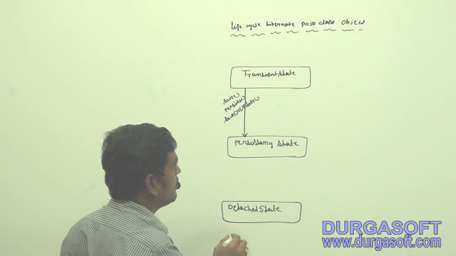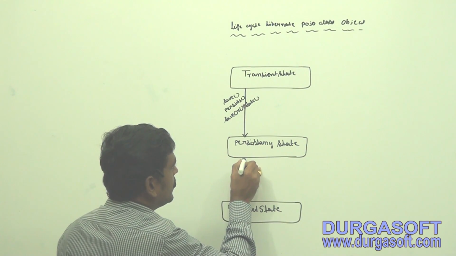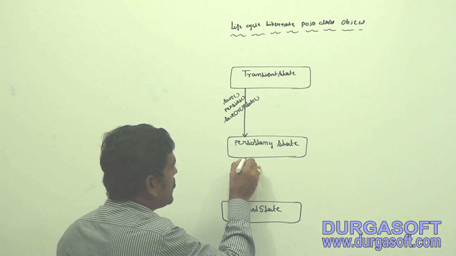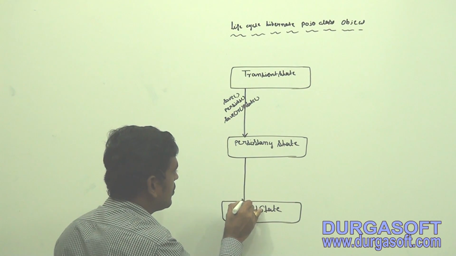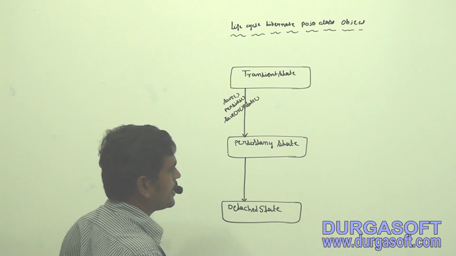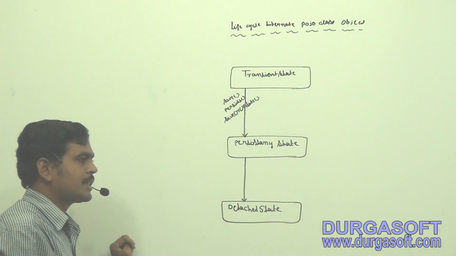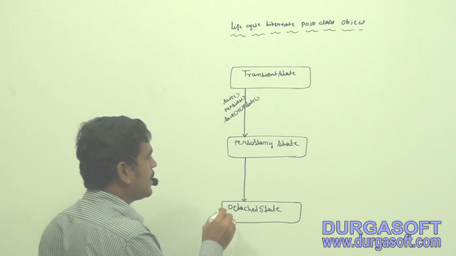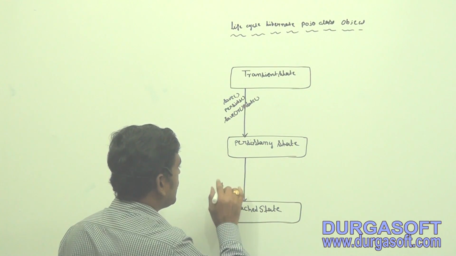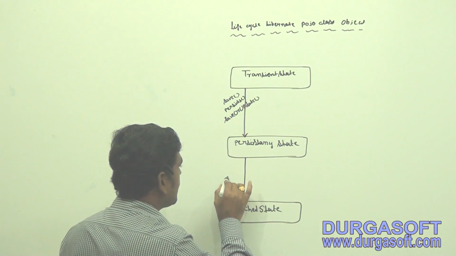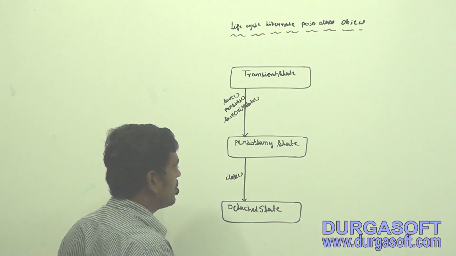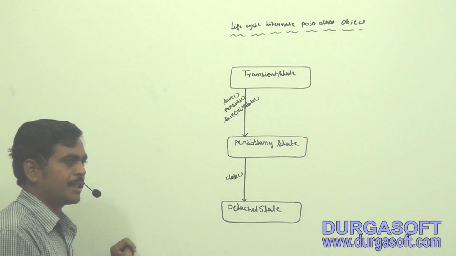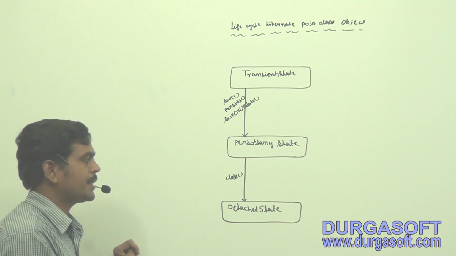Then next, when our object becomes persistent state to detached state, that means whenever we are closing the session, session dot close, then it becomes what? Detached state.